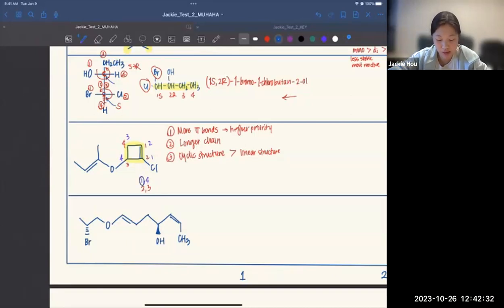So anytime you have 2 branches and one of the branches is on that sp2 carbon, and you don't have any functional groups, you've got to note that this is an oxy group and this is a chlorine, which are both branch substituents, so there's my priority. If you have an alcohol, of course you want to prefer the alcohol, right? But if they're both branches, if a branch is connected to that sp2 carbon, it will always be number 1.